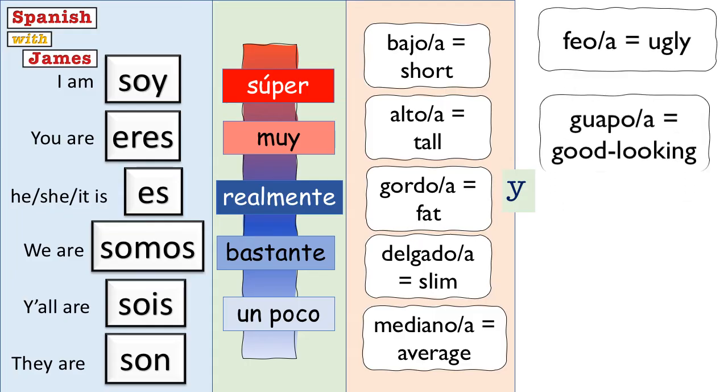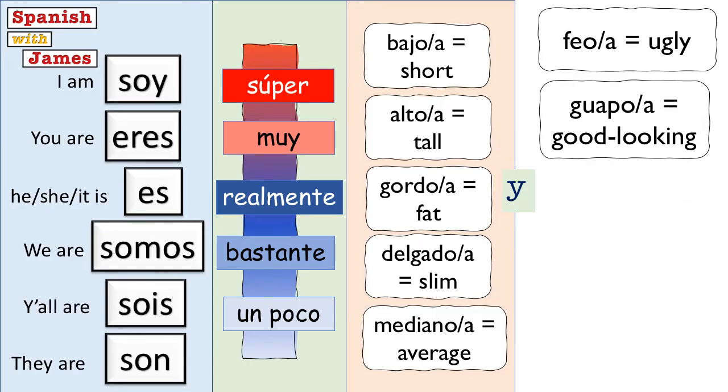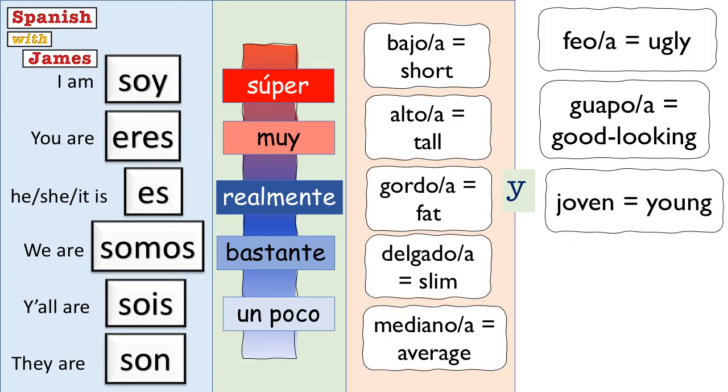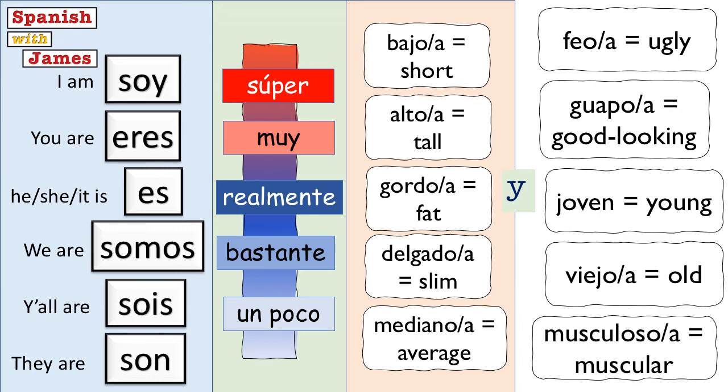And then we can add in a bit more detail and say feo or fea, ugly, guapo or guapa, good looking, joven, young, that one doesn't change for masculine and feminine, viejo, old or vieja, and musculoso, musculosa, muscular. For example, soy super alto y guapo. I'm super tall and good looking.